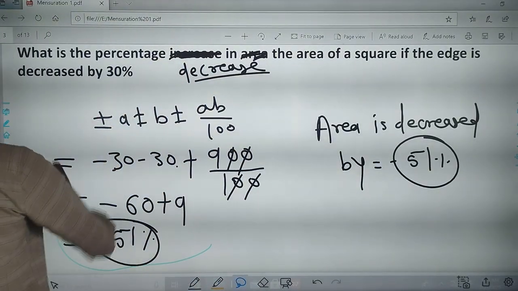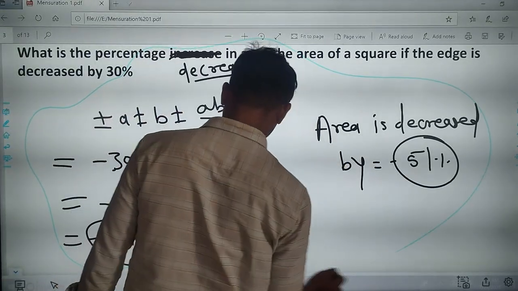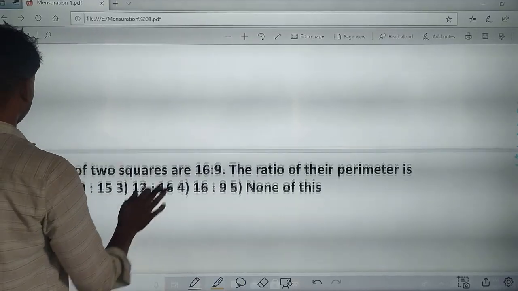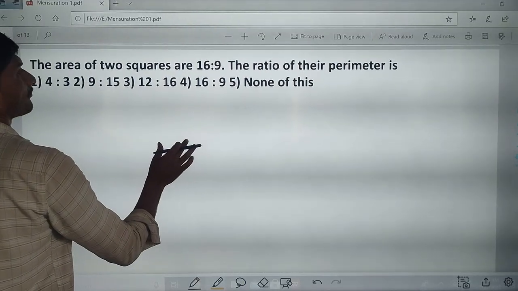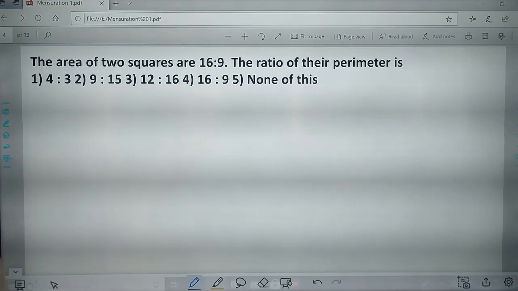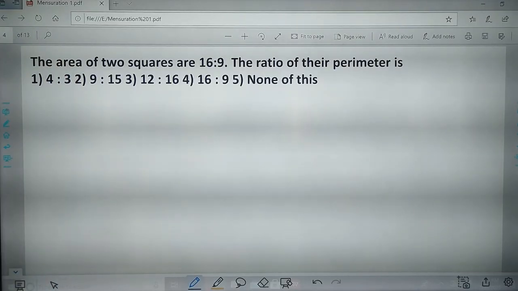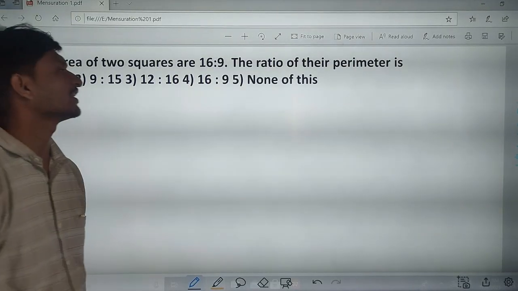Now next. The areas of two squares are in the ratio 16:9.